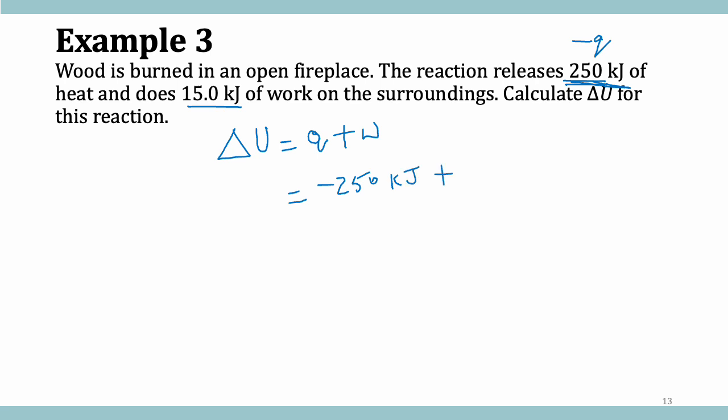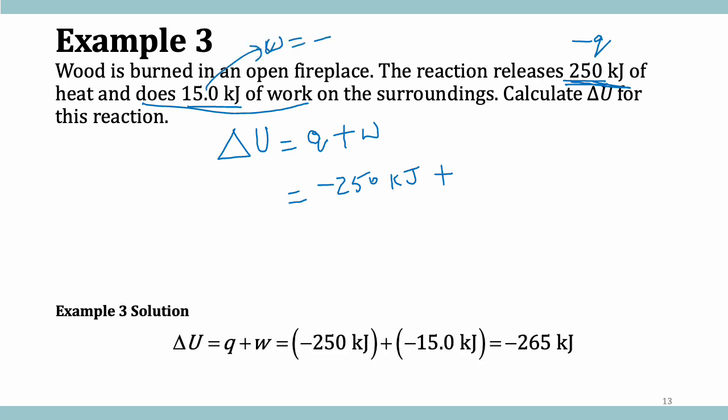Plus, the question says the reaction does 15 kilojoules of work, which means the reaction is doing the work. If it is doing the work, again the sign for W will also be negative. So my W is negative 15.0 kilojoules. Now the only thing you do is add everything together.